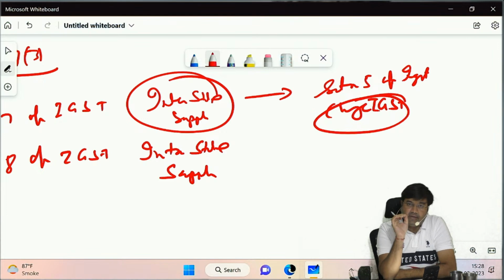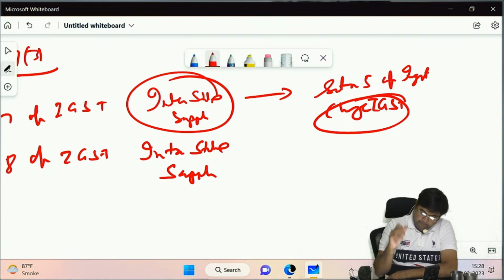But keep this in mind, if the SEZ and the person who is supplying or the person who is getting the supply are in the same state, then according to section 7 it is going to be considered as interstate, not intrastate. Plus, supply of goods to foreign tourists is going to be interstate supply, it is not going to be intrastate supply.